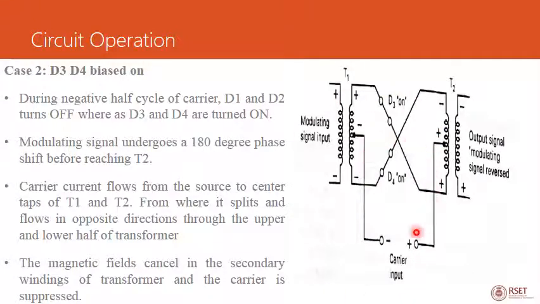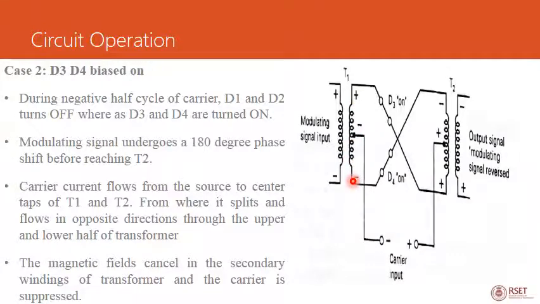So the balanced ring modulator suppresses the carrier signal only with the help of the center tap transformers T1 and T2. The carrier current flows from the source to the center tap of T1 and T2, where the carrier signal gets split, and the current flows in opposite directions through the upper and lower half of the transformer.